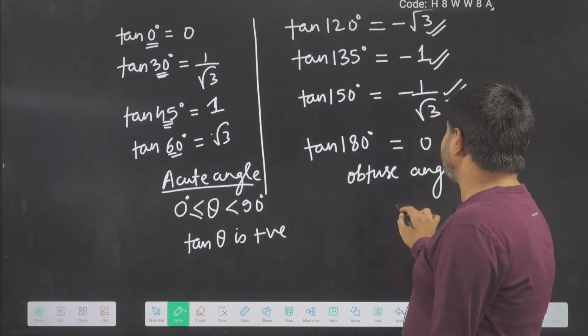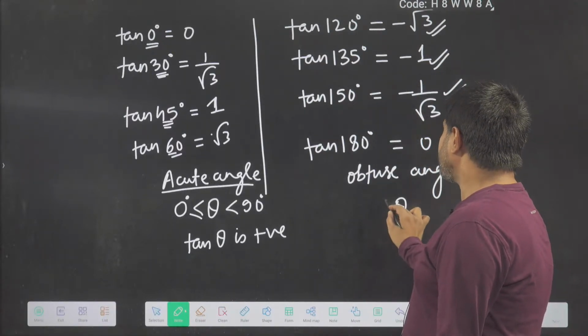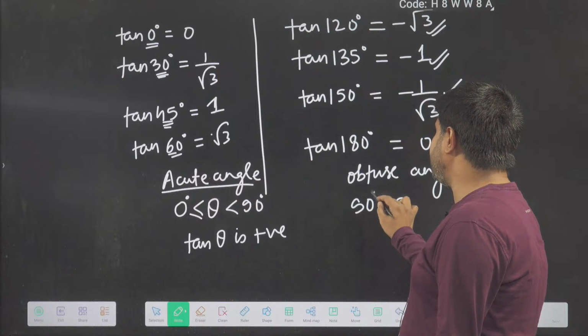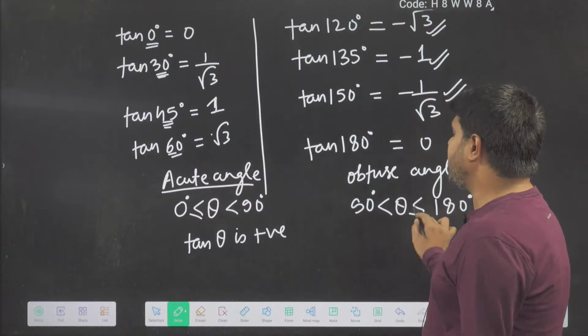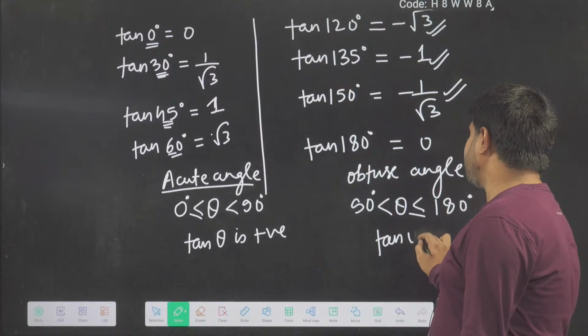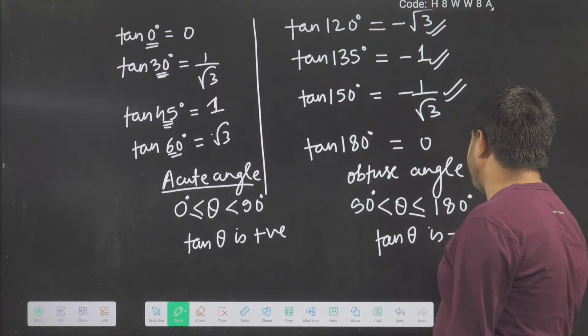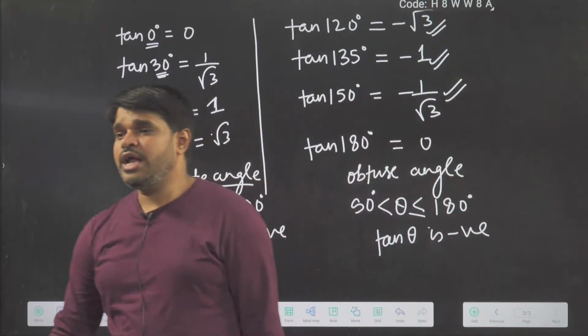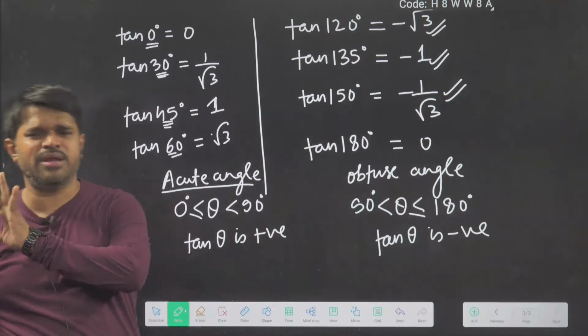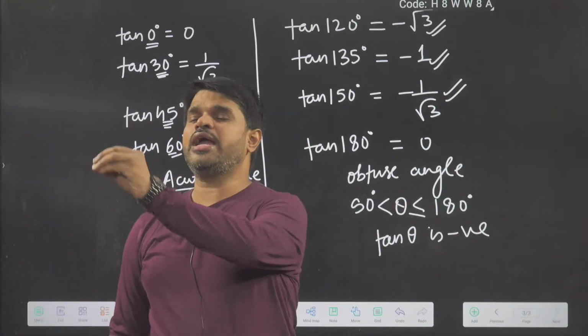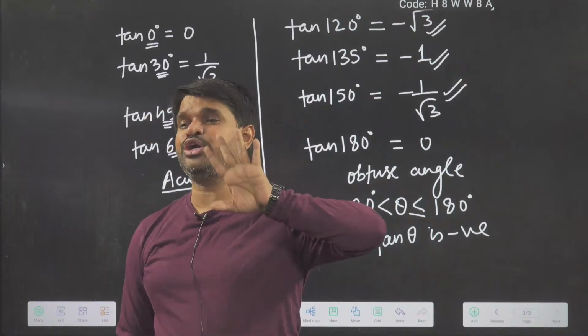So when the angle is more than 90 degree and less than or equal to 180 degree, tan theta is negative. We just need to know the nature. Why it is coming that way will be taught to you in trigonometry.